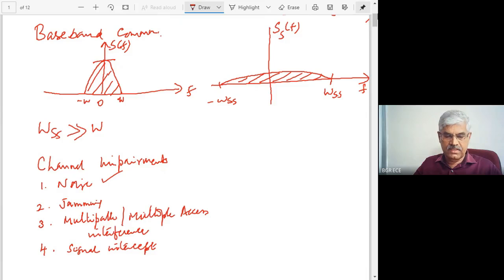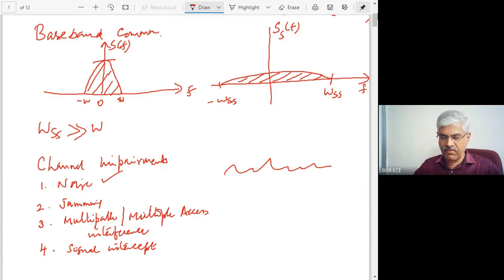Noise is some randomly generated waveform that will be added to your signal, and how to get back the signal in the presence of noise, you have learned already. Now jamming. Jamming is also an electrical signal using which your signal is jammed, and there could be different forms of jamming. The jammer could generate any type of waveform to jam your signal.